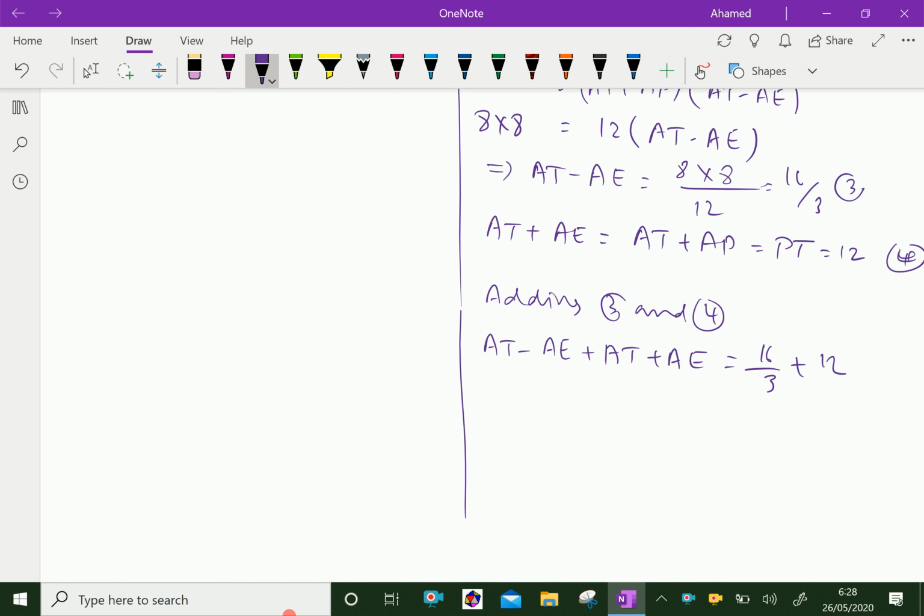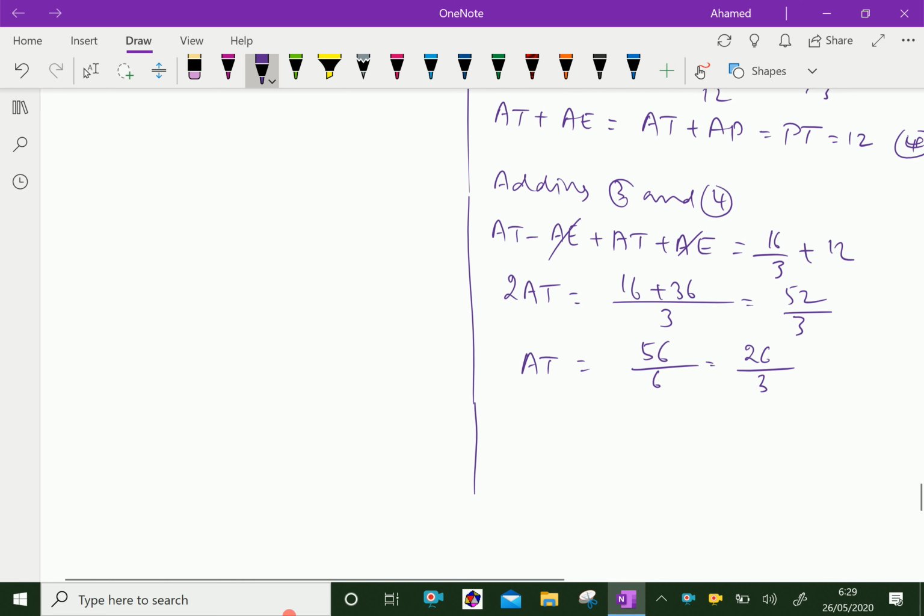Here AE and AE cancel. Therefore 2AT equals, with LCM 3, 16 plus 36, because 3 into 12 is 36, which is 52 by 3. Therefore AT is 26 by 3.